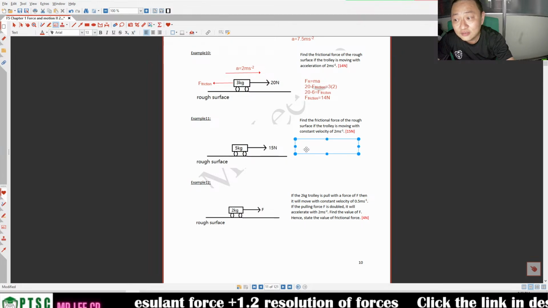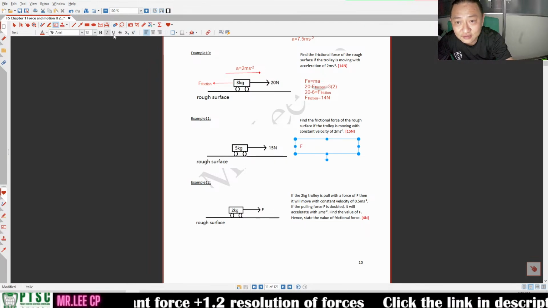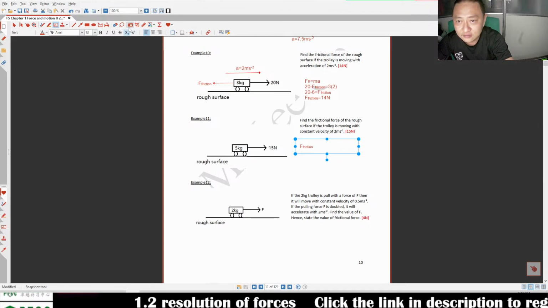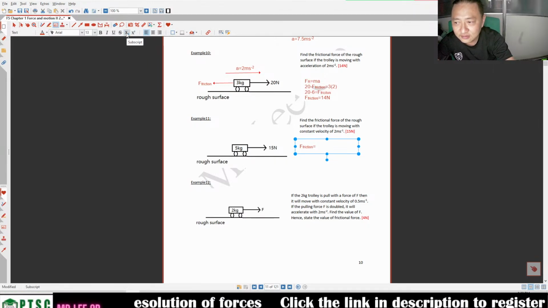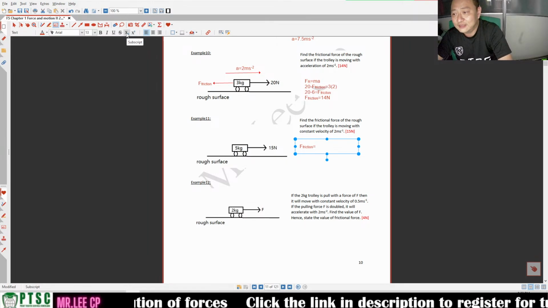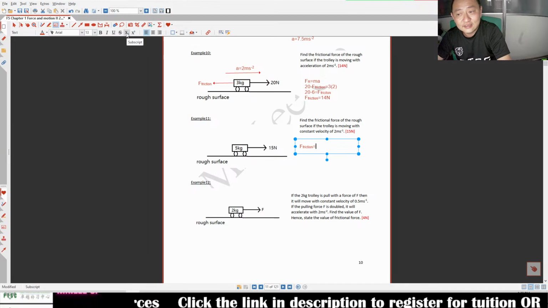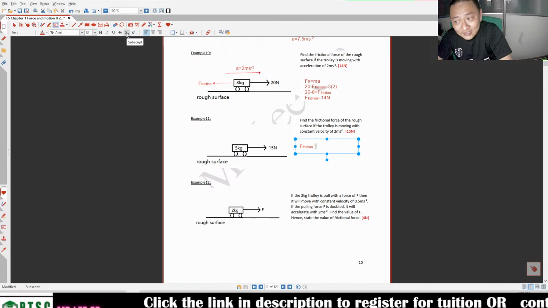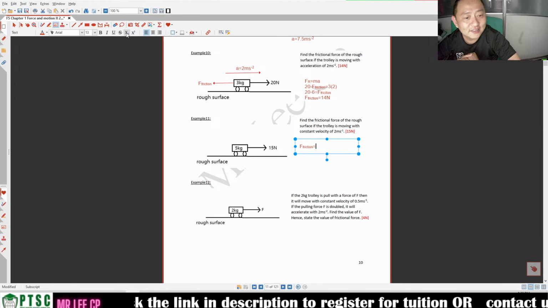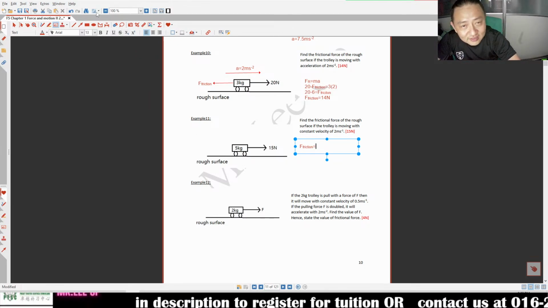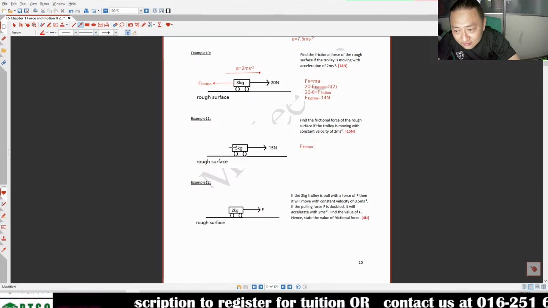So, frictional force is? Answer. Frictional force will be? Constant velocity. Constant velocity. So here we've got one friction.